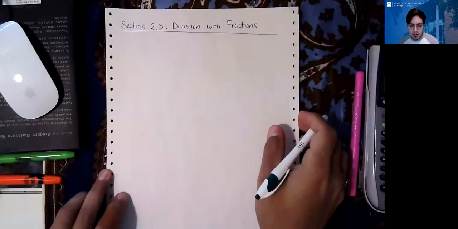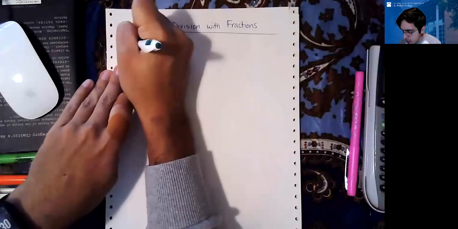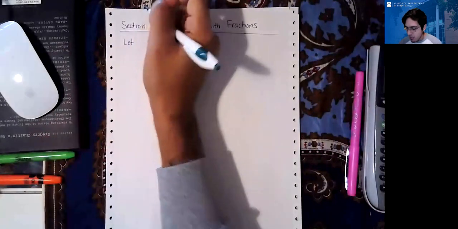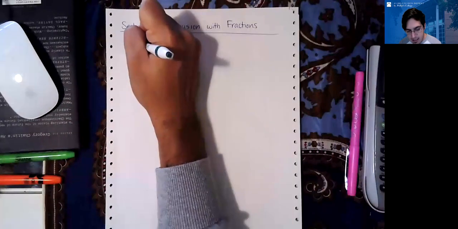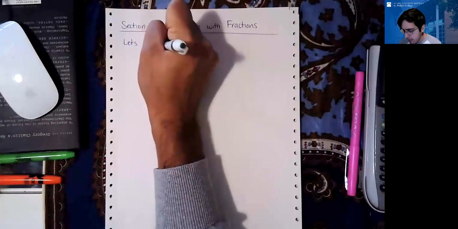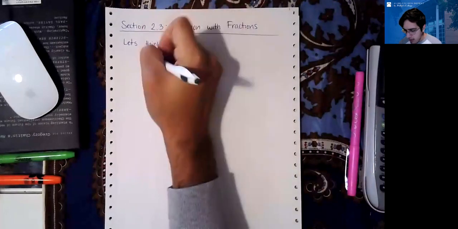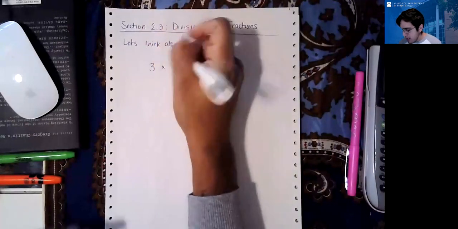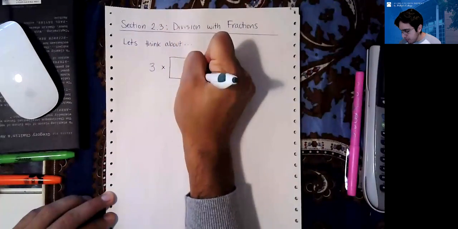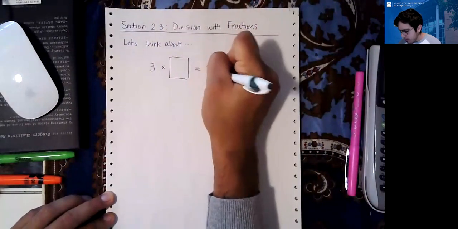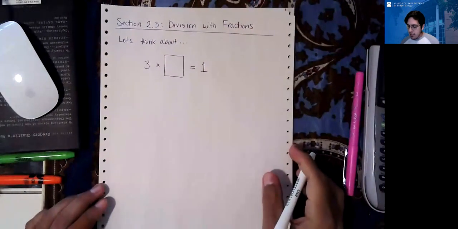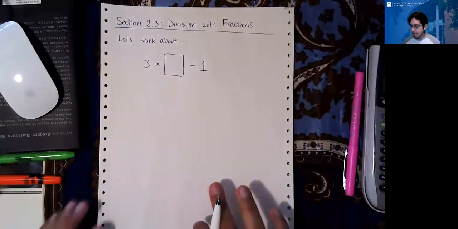Okay. And so the first thing that I want to do to sort of prime our brains and get us ready to think about division, let's think about the following problem. 3 times some number is equal to 1. Can anybody tell me what that number is?